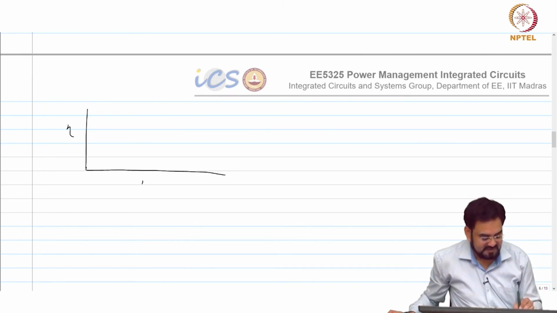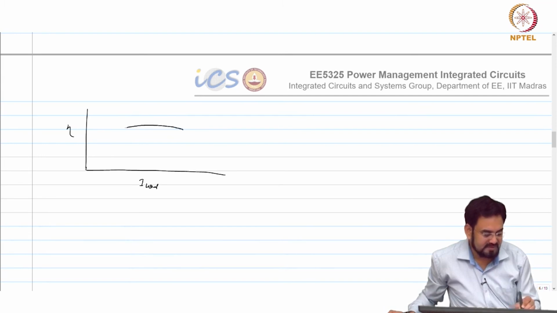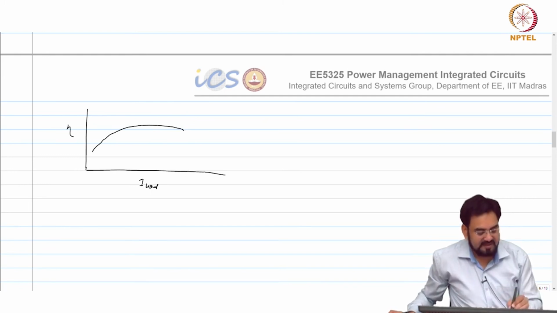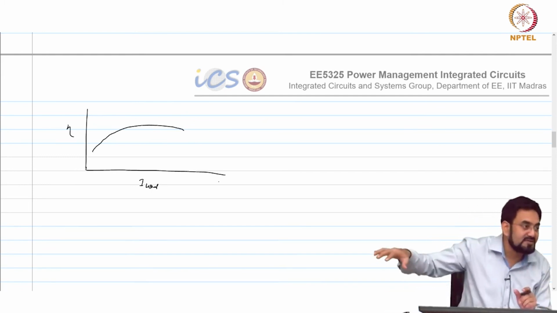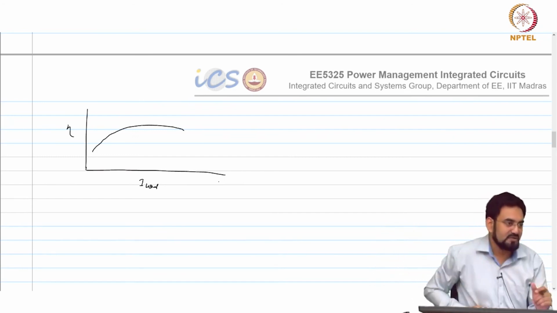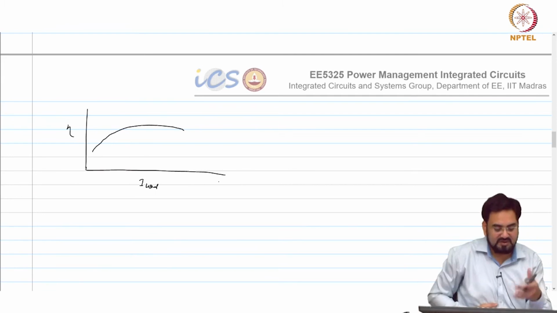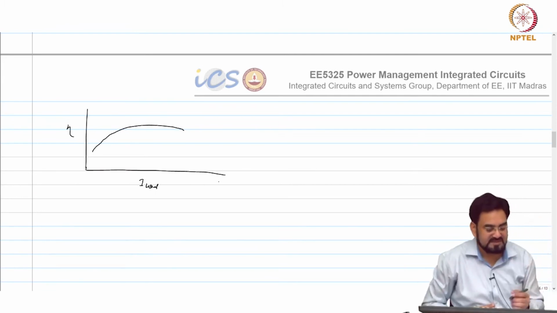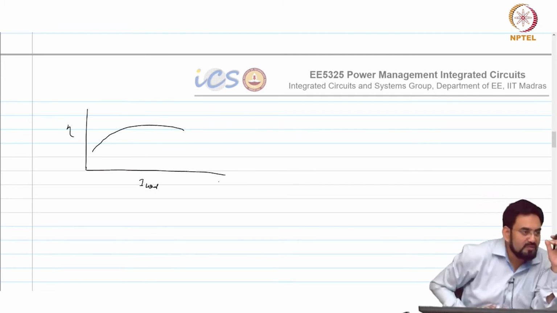So, if this is efficiency, this is I load. Usually this is how the curve looks. It will start dropping at very high load because your I square R losses will start dominating. So when you go, let us say, beyond 1 amp or so, it will start dropping, because you have designed for 90% efficiency at 1 amp load.